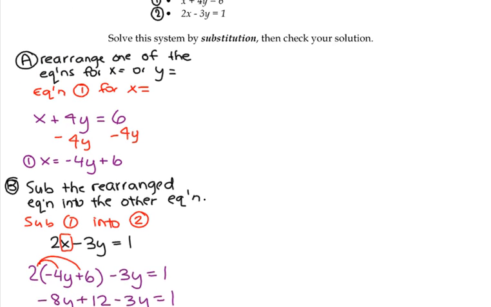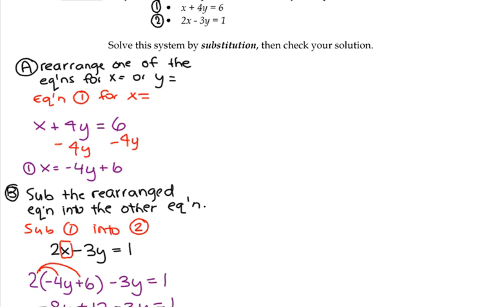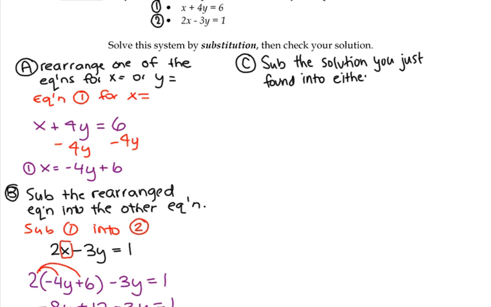So part C is always going to be sub the newfound solution, the solution you just found, into either equation. I can sub in y and find our x. So who do you want to sub it into?